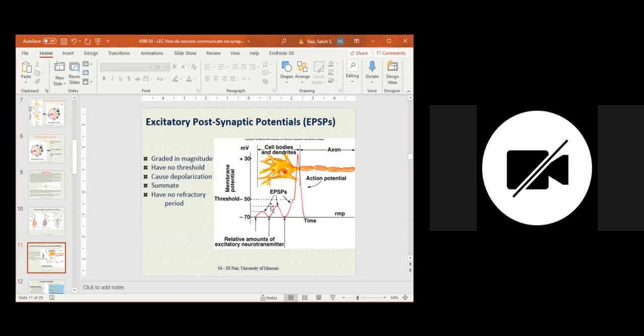This may be 2 or 3 synapses working together, this may be maybe 10 synapses working together. They can sum, right? So relative amounts of neurotransmitter: if you have a large amount of neurotransmitter, it's possible you can elicit an action potential.